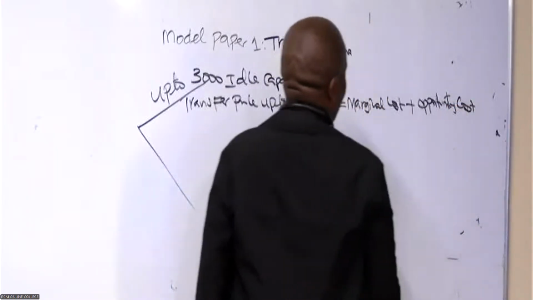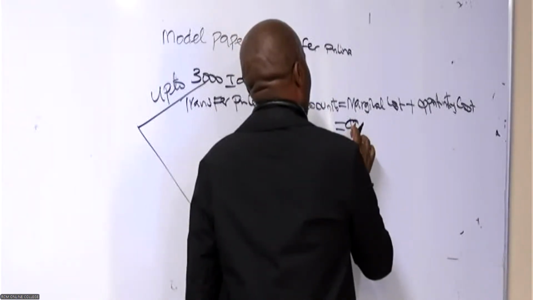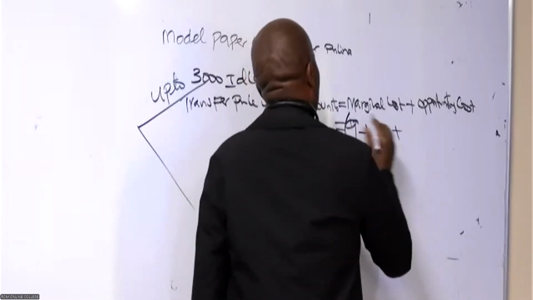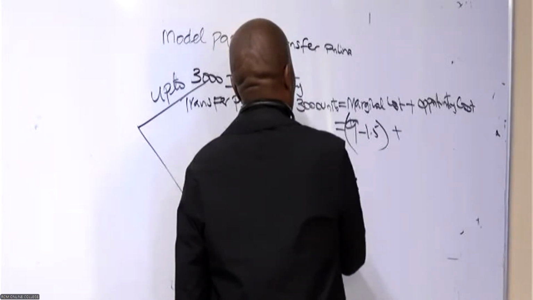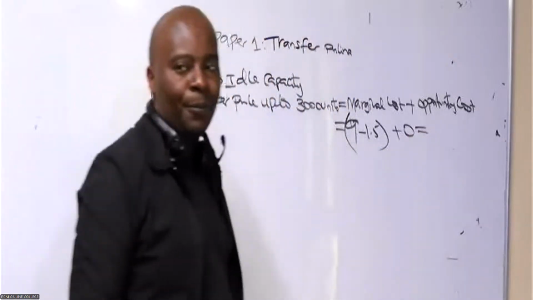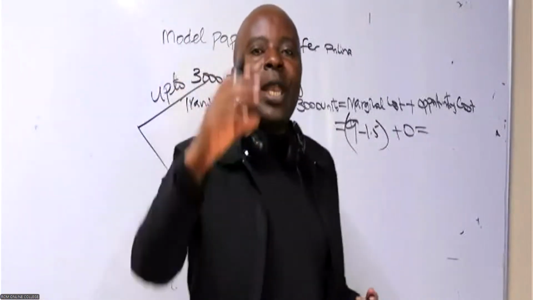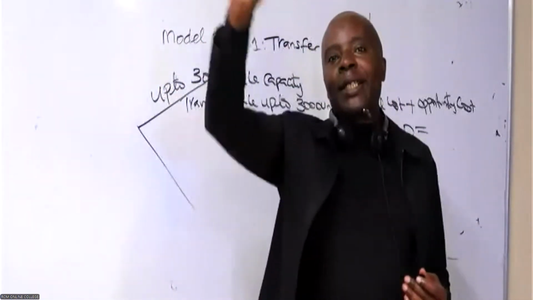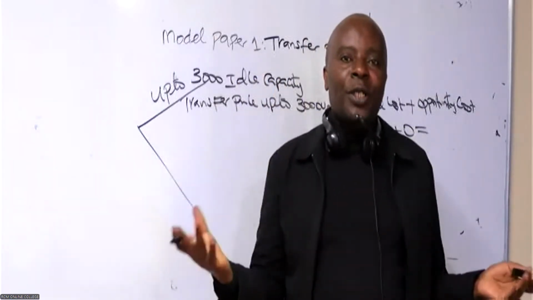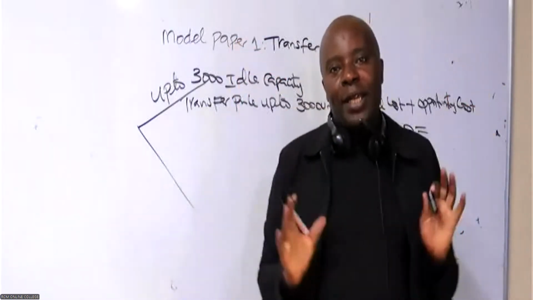The marginal cost, remember you gave me a figure of 9 minus 1.5. But now, if I'm going to produce up to 3,000 units when I'm idle, there won't be any opportunity cost, because opportunity cost arises whenever I'm snatching goods from some external buyers to sell internally. But up to 3,000 units, we are idle. There is no external market there.